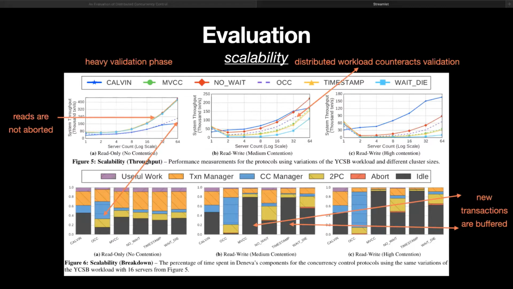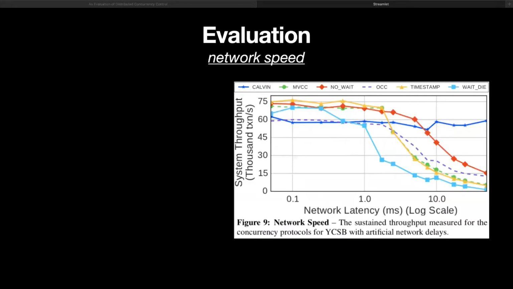So overall, looking at the scalability chart, we can see that distributed transaction processing really doesn't scale. It doesn't really work out. The authors have also done an experiment increasing the network speed.